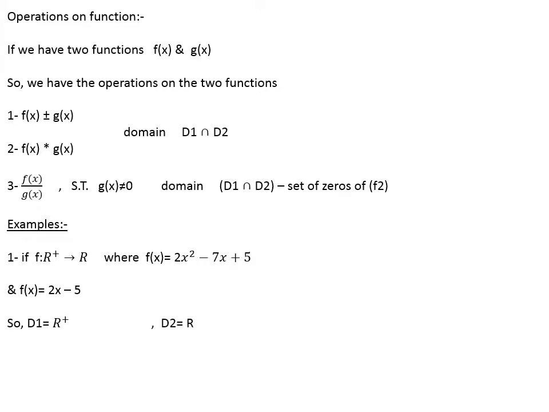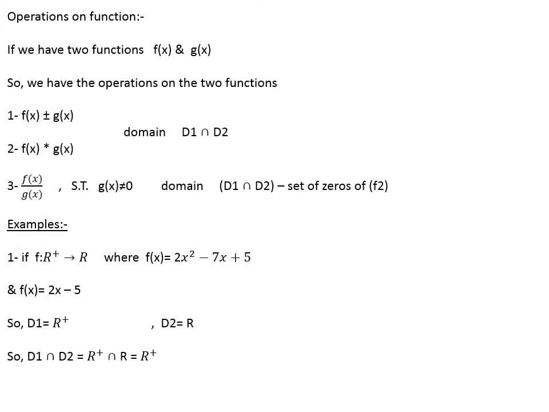Now, to get the domain of the summation of the two functions, we must get the intersection between the domain of the first function and the domain of the second function. So the intersection is r positive intersected with r, which will be r positive, and so the domain here is r positive.